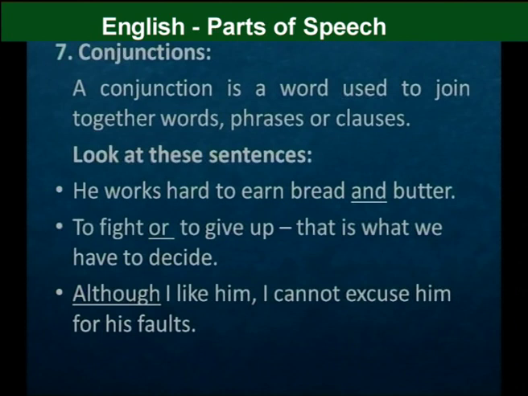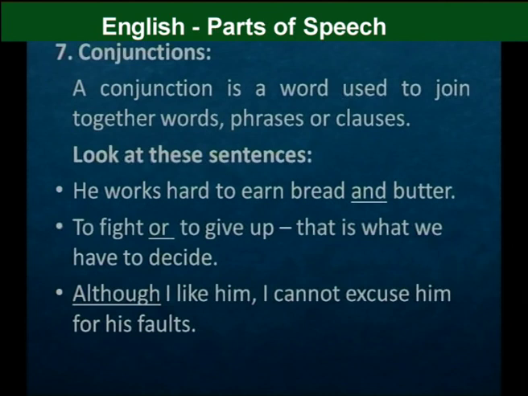A group of words is a phrase. So in this second sentence, the conjunction or joins together two phrases. In the first sentence, the conjunction and joins bread and butter. In the second example, we can notice that a conjunction joins together two phrases.